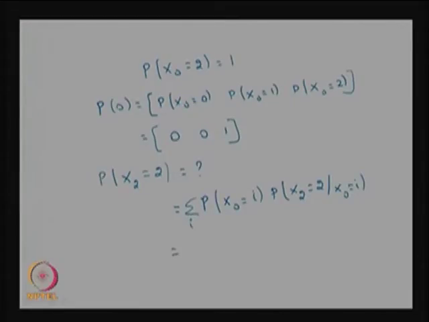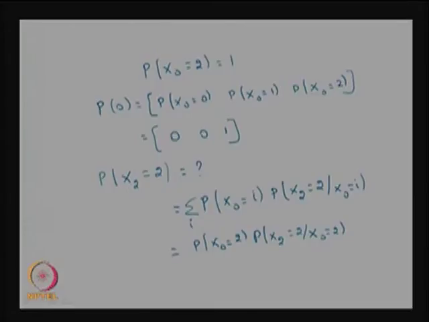And this is the same as, since the initial probability vector is going to be 0, 0, 1: the probability that X0 is equal to 2 multiplied by the probability that X2 is equal to 2, given that X0 is equal to 2, and all other probabilities are 0.